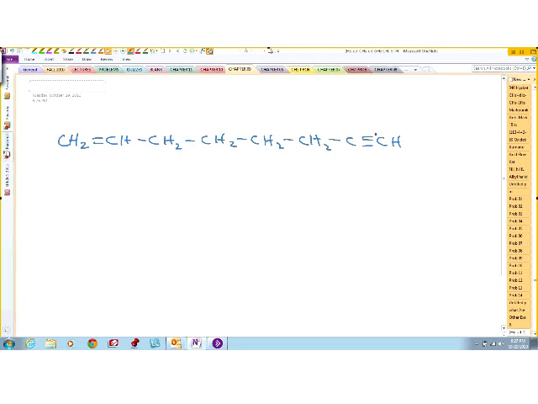If you have a molecule that contains a double bond and a triple bond, the double bond takes preference.